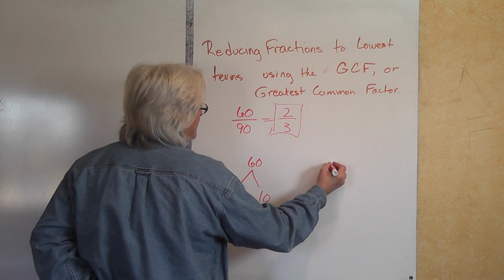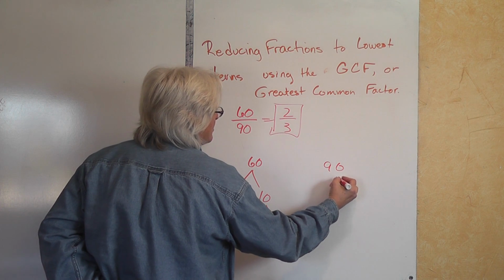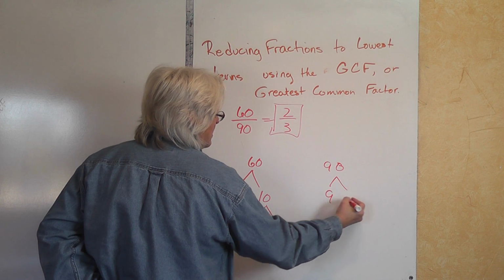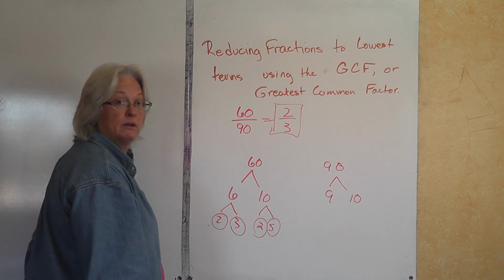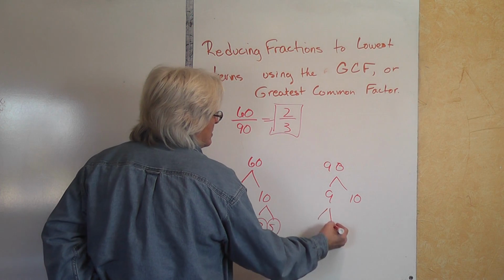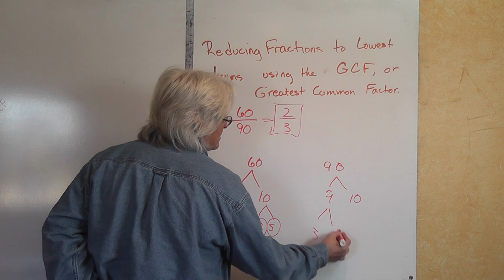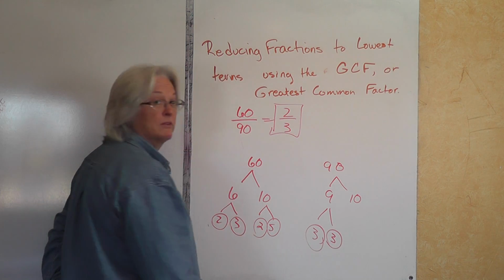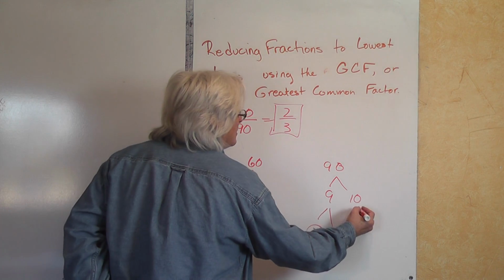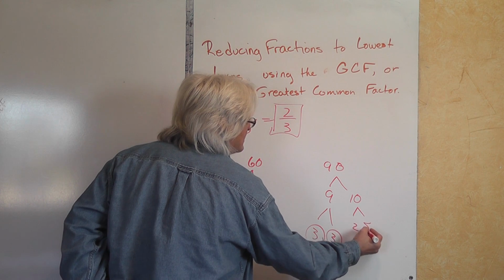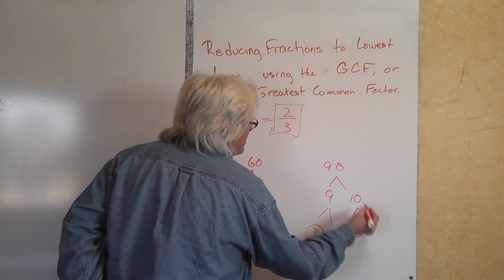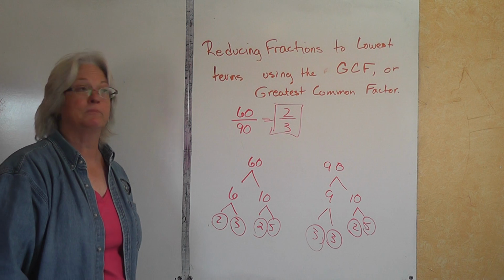Let's see what I have for 90 now. And I'm going to say 9 times 10 is 90. 3 times 3 is 9. Both of those are prime. 2 times 5 is 10. And both of those are prime.